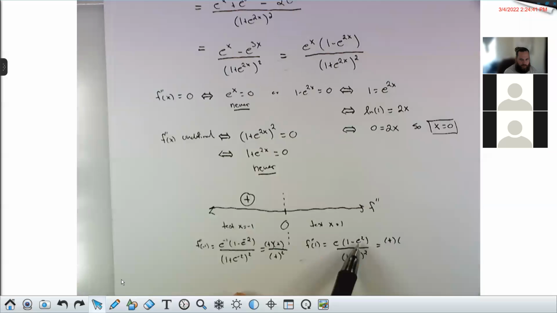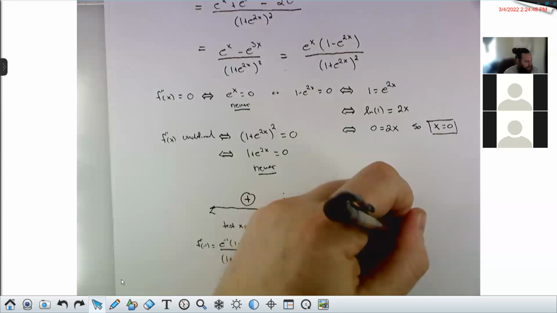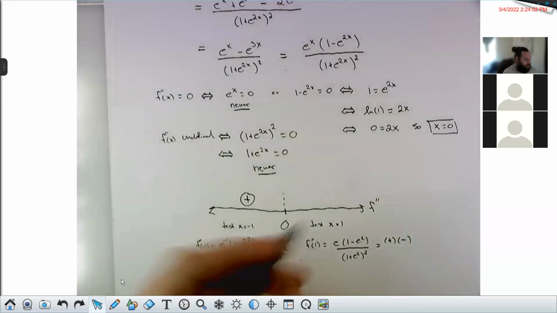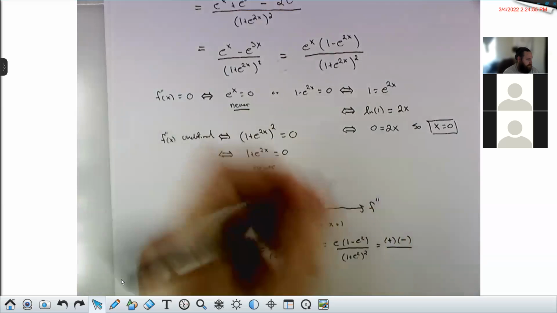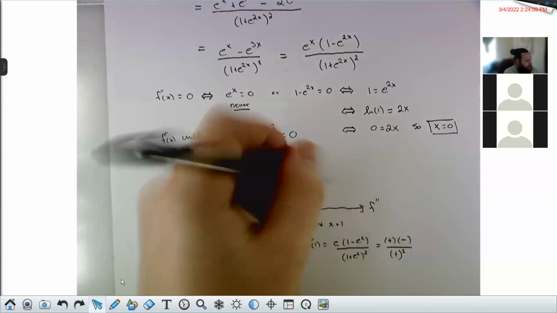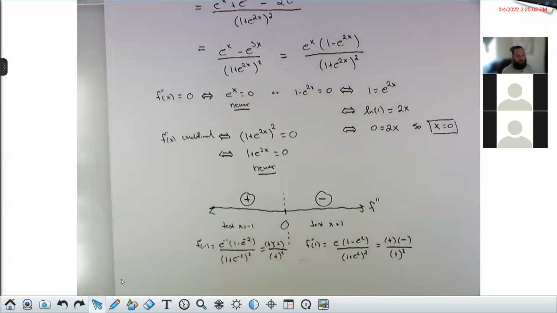E squared is like 2.7 squared. It's between 8 and 9. And so if you take 1 and you subtract like 9-ish, you're going to get something negative. Downstairs, 1 plus e squared is positive. So it's the square of something positive. That's definitely positive. So overall here, we are negative, right? Positive times negative, all divided by positive, that's going to be negative. So we're concave up to the left of 0, concave down to the right of 0, increasing everywhere, positive everywhere.